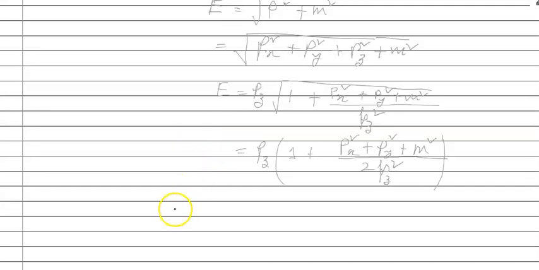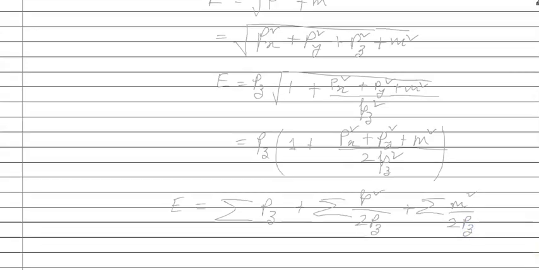So E equals summation p_z plus summation p squared, small p squared, divided by 2 p_z, plus summation m squared divided by 2 p_z.